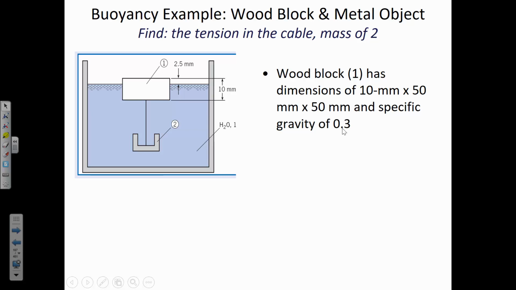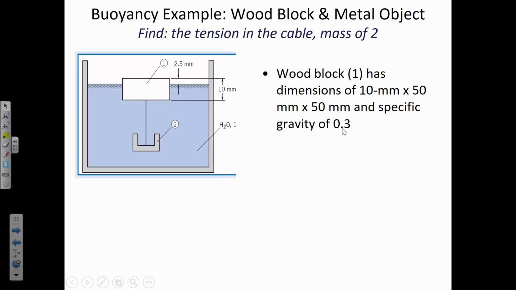So the force balance is that F sub B, which is up, is equal to the weight plus the tension in the cable. So that's this first one. Let's call that object 1.